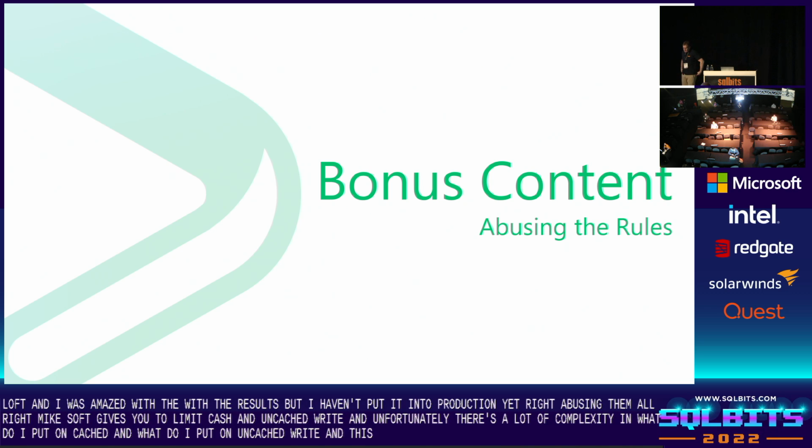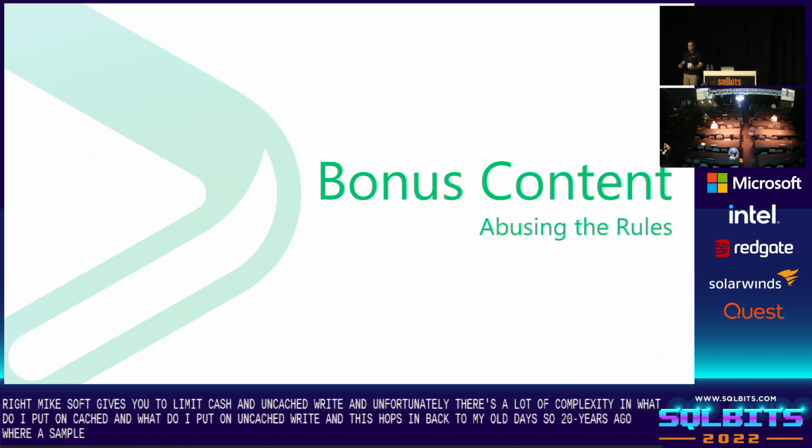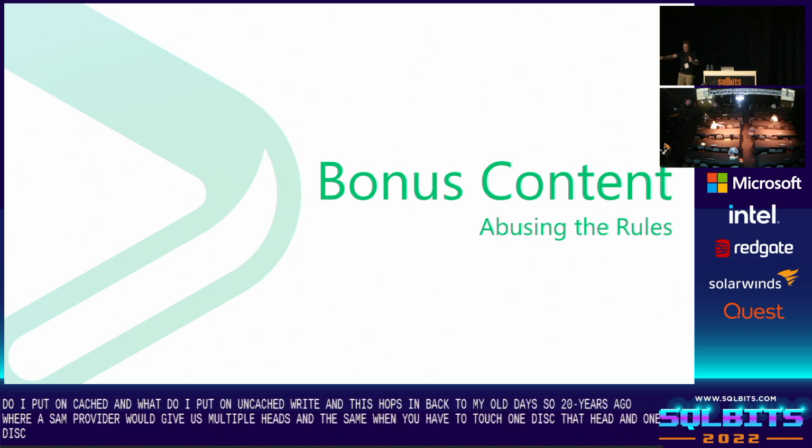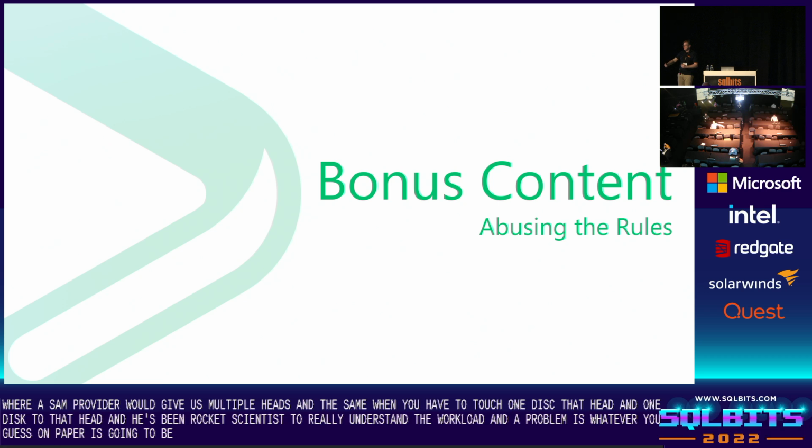And this harks me back to my old days, so 20 years ago, where a SAN provider would give us multiple heads, and they'd say, well, you have to attach 1 disk to that head and 1 disk to that head, and you need to be a rocket scientist to really understand the workload. And the problem is, whatever you guess on paper is going to be wrong by the time it comes into production, because things change, right?